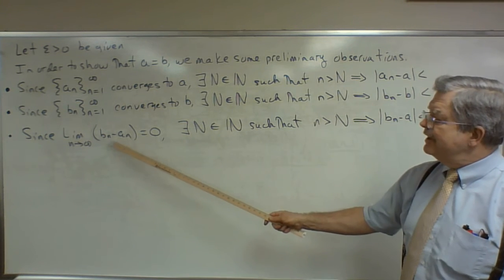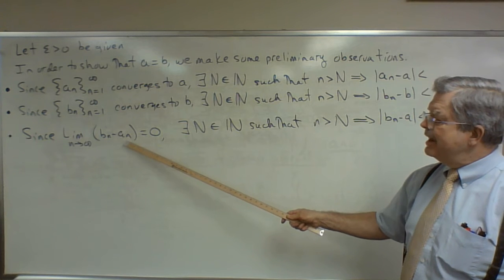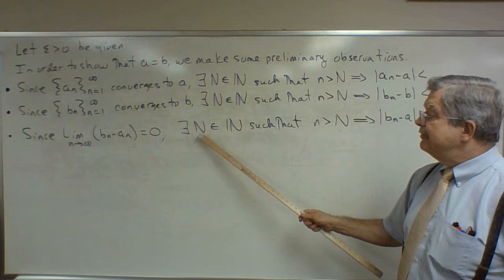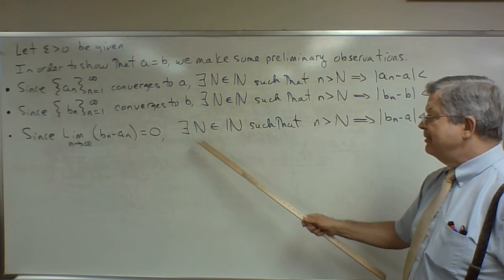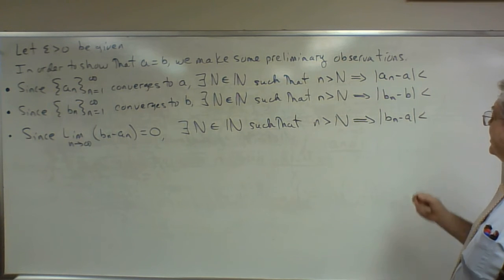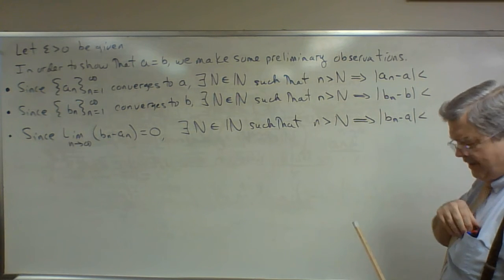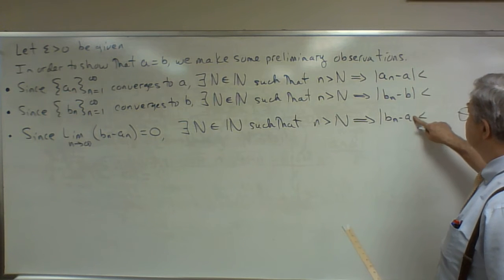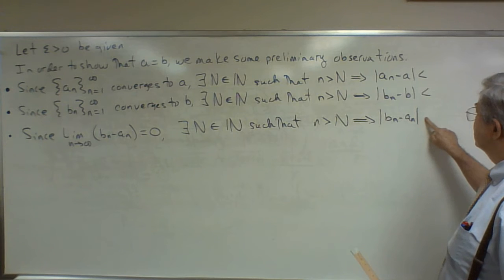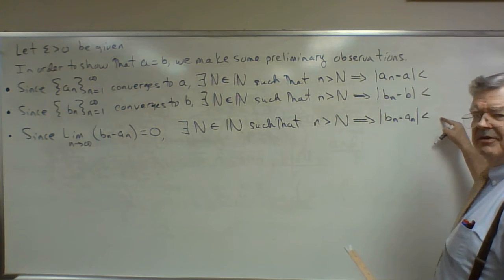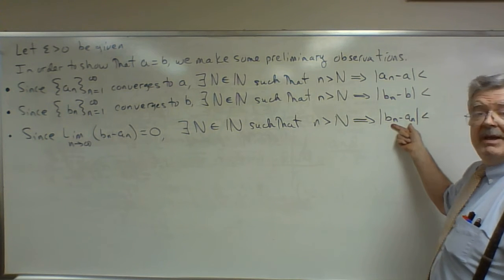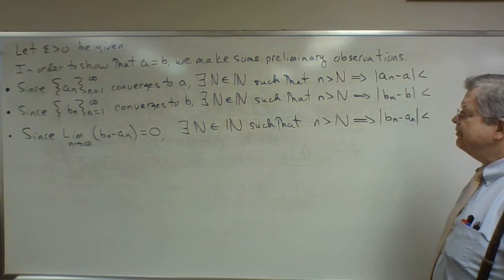And then finally, since the limit of B sub n minus A sub n as n goes to infinity is 0, there's some natural number capital N such that little n greater than capital N implies that B sub n minus A sub n is less than epsilon or epsilon over 2. We can make B sub n and A sub n as close together as we want.